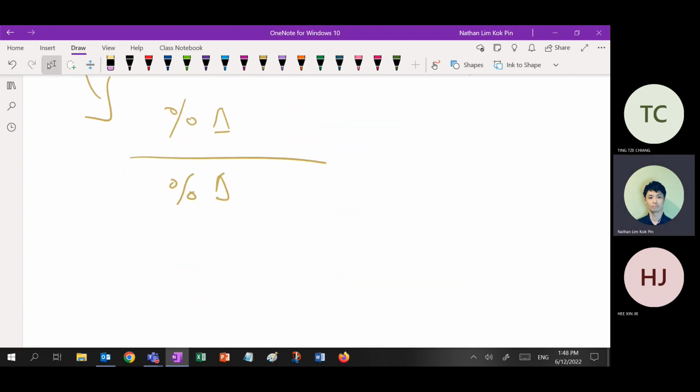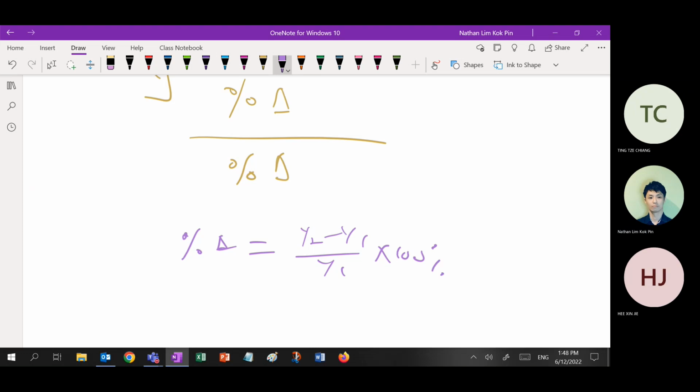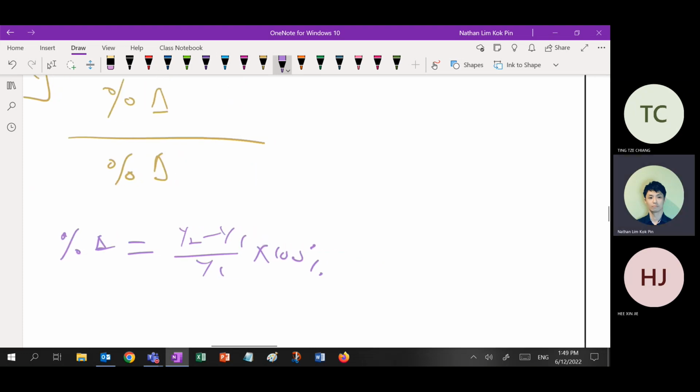One has percentage, one doesn't. Percentage change is like this, ladies and gentlemen: percentage change refers to y2 minus y1 over y1 times 100%. Change refers to y2 minus y1 only.